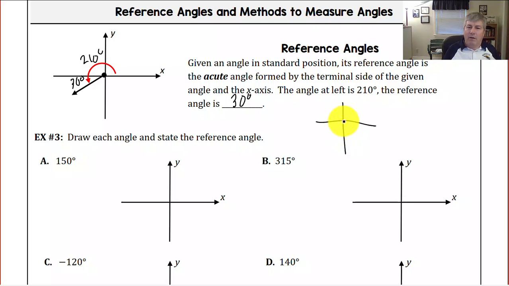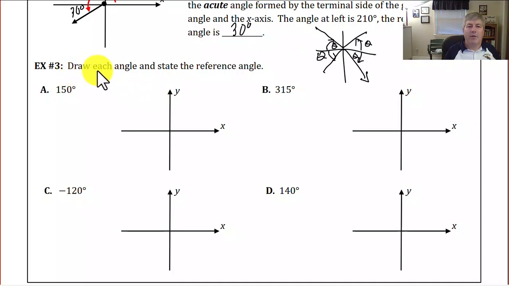So if I'm in the fourth quadrant, my reference angle theta is here. If I'm in the second quadrant, my reference angle theta is here between the x-axis and the terminal side. Think of a bow tie. And visualize a bow tie, and you will see that those are your reference angles.